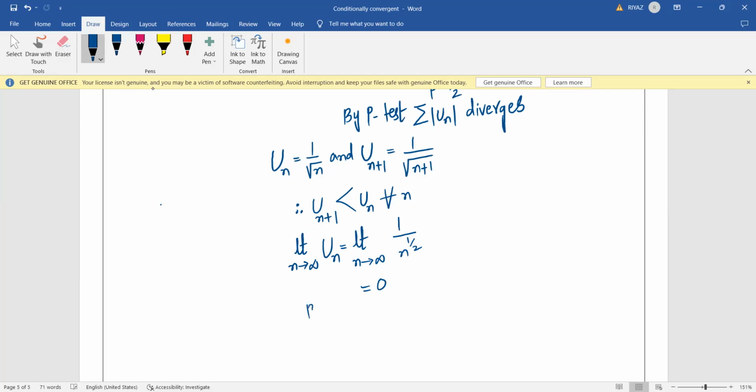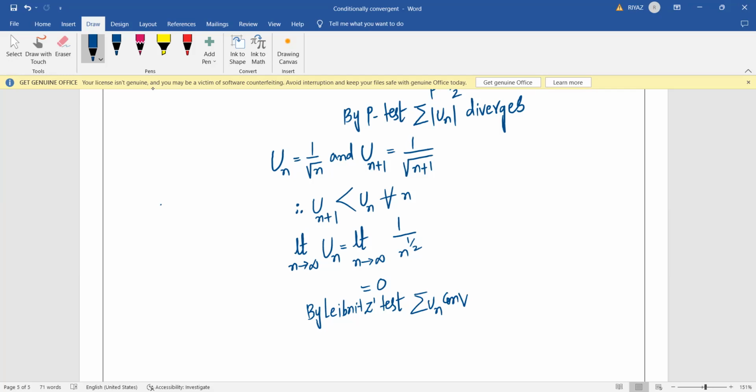So by Leibniz test, summation un is convergent.